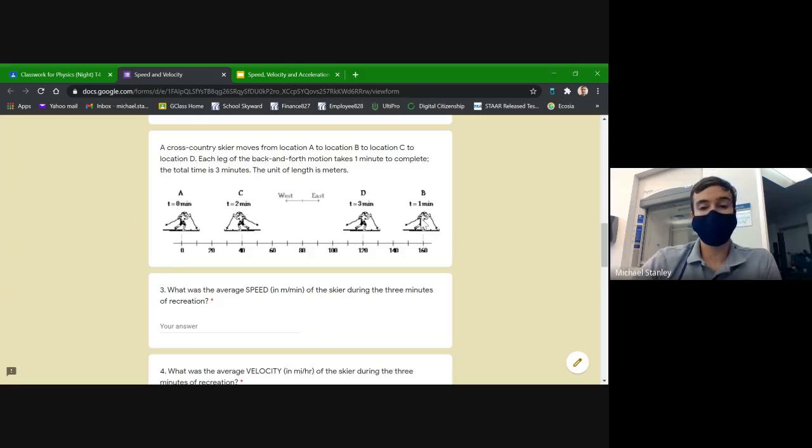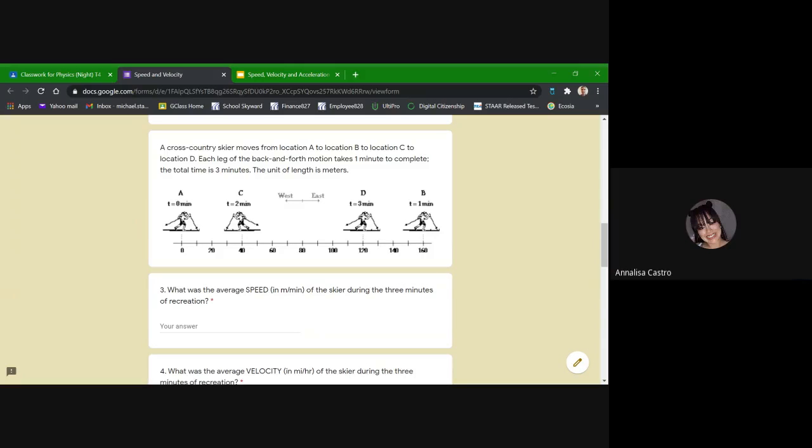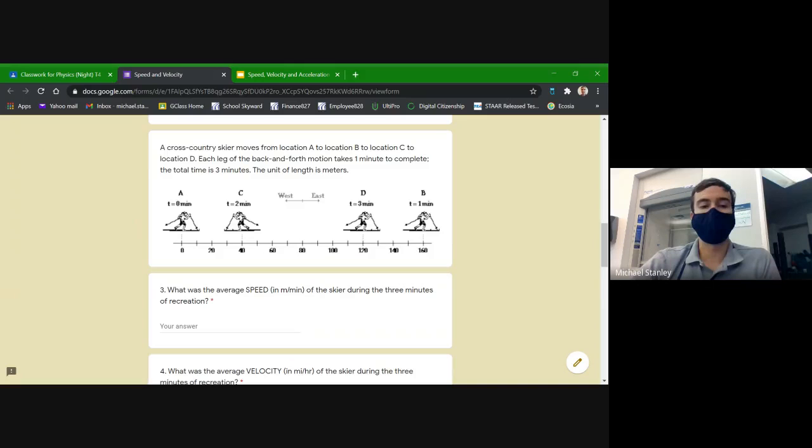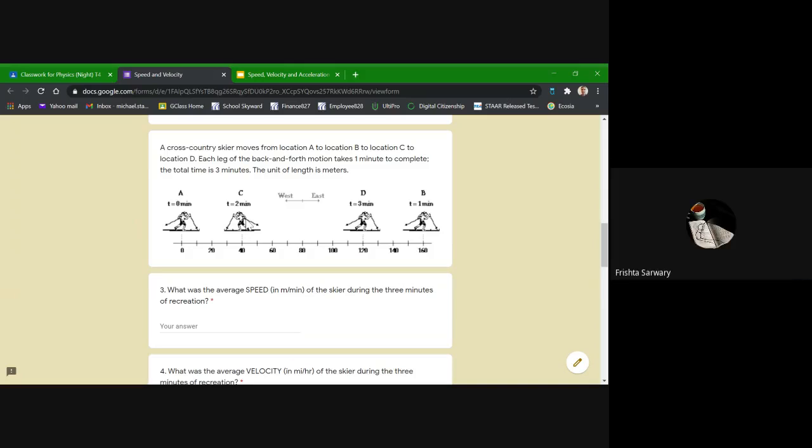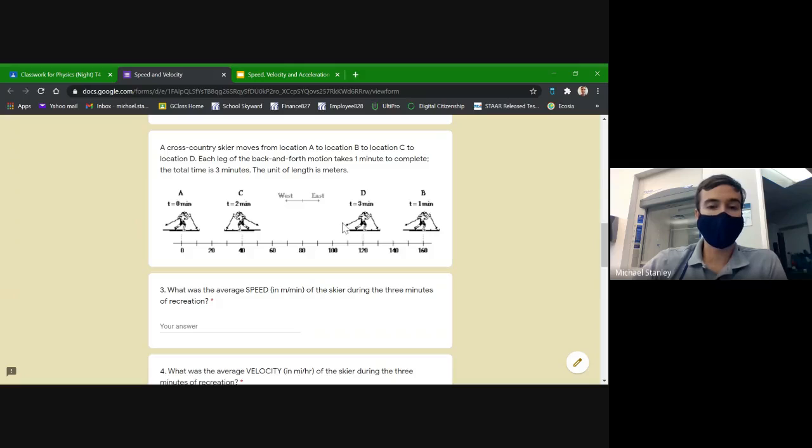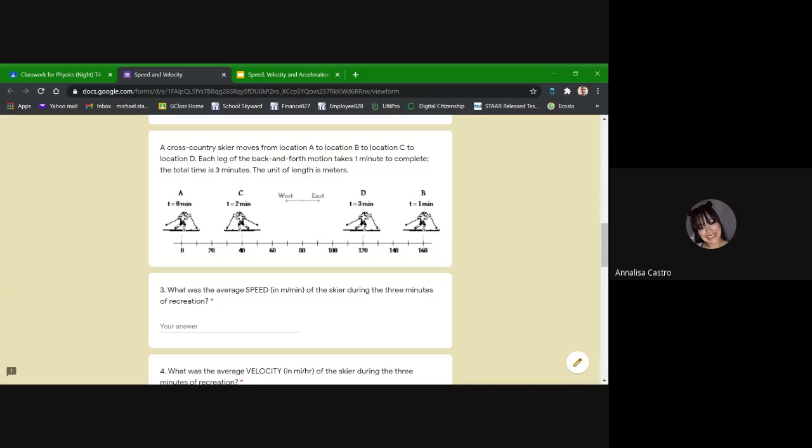So 0 to 160 is obviously 160. And then what's the distance between 160 and 40? 120. And then what about 40 to 120? 100.